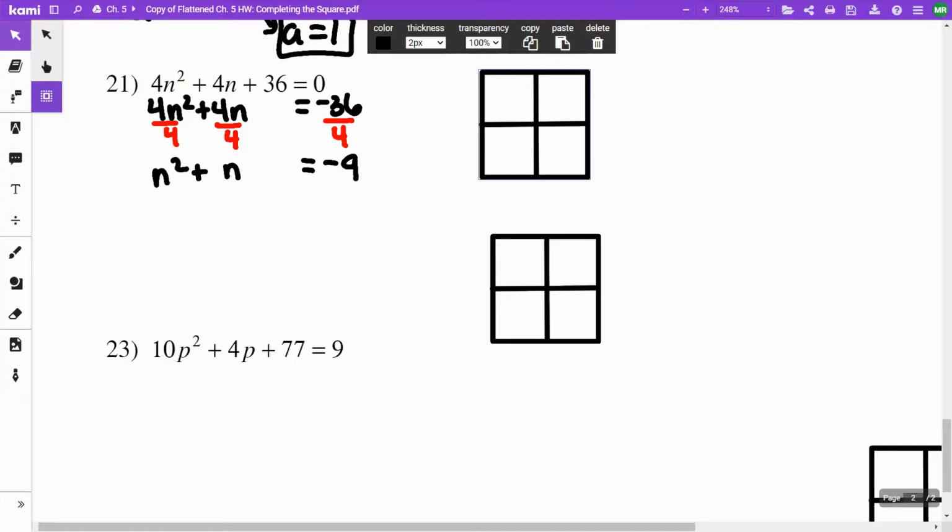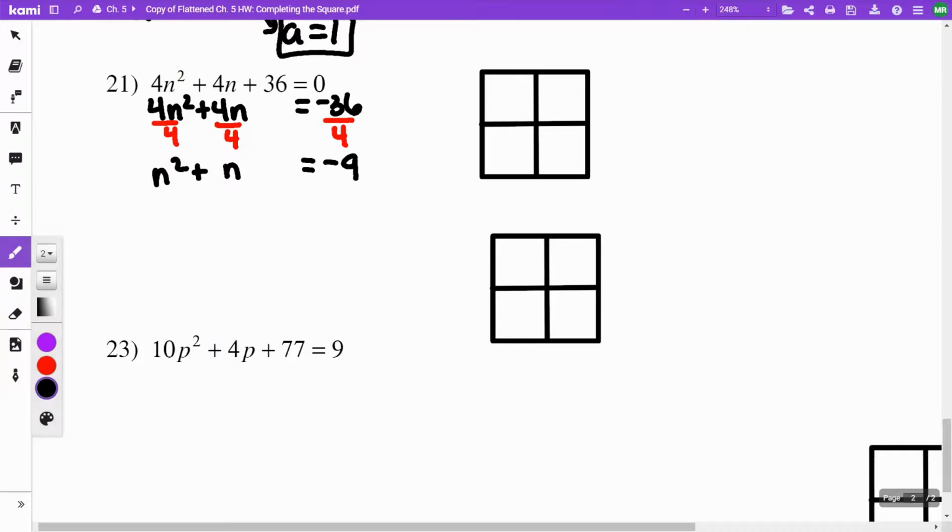So I have the n squared plus n equals negative 9. I'm going to rewrite that here on the other side also. N squared plus n equals negative 9. One side I'm going to do decimals, one side I'm going to do fractions, okay? So n squared, n squared.